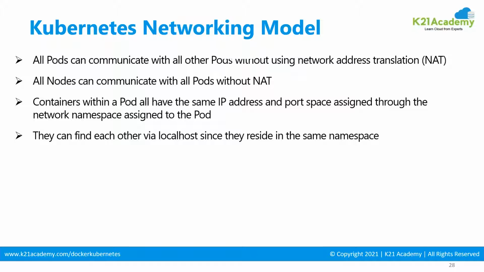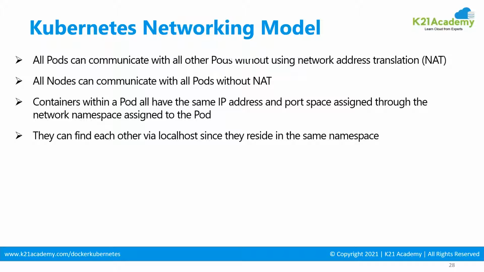Containers within a pod all have the same IP address and port space assigned through the network namespace assigned to the pod. We'll discuss this. What is the meaning of it, right? They can find each other via localhost. So in one pod, if you have multiple containers, how will they talk to each other? That is the meaning of the statement.